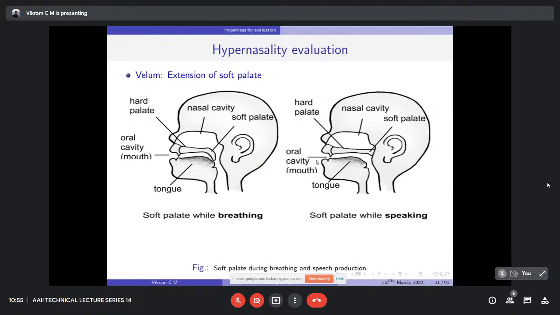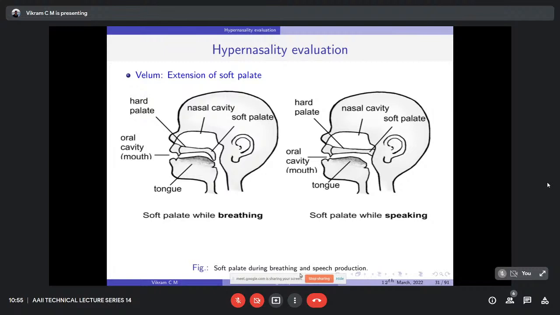Nasality means we just imagine that instead of the person speaking through his oral tract or through the lips, most of the sound gets emitted through the nose. So that means the particular person's speech is perceived as nasal in nature.